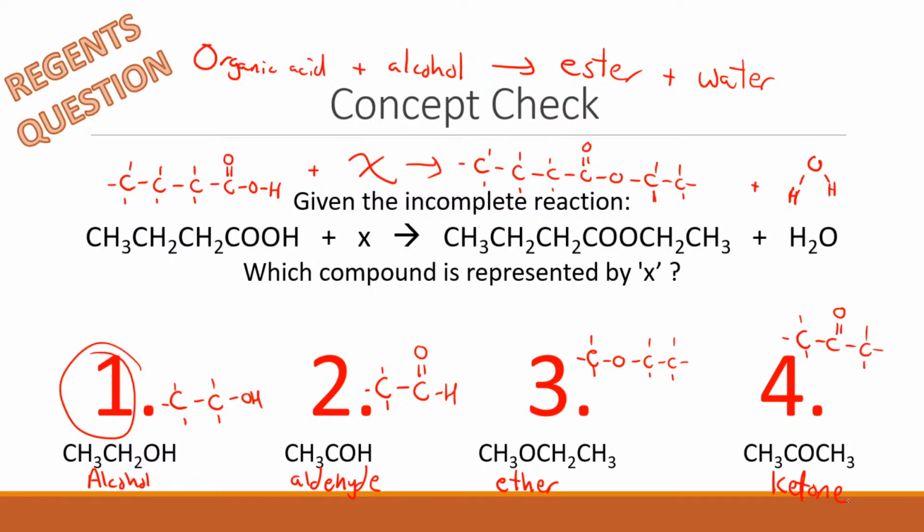You can take either approach. You can say, okay, I'm going to count my C's, H's, and O's, compare left to right, and find what's missing.